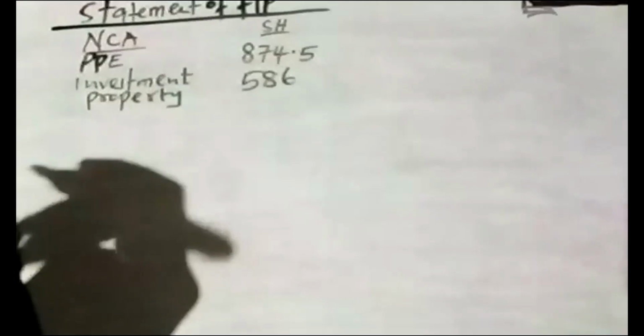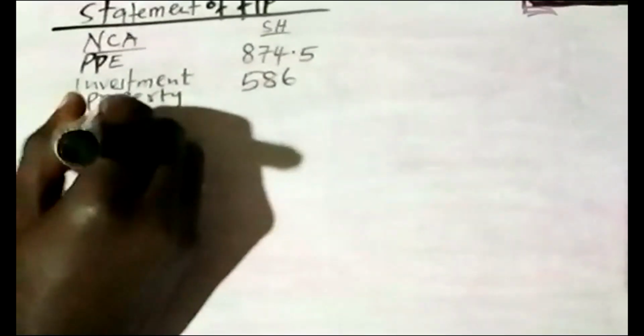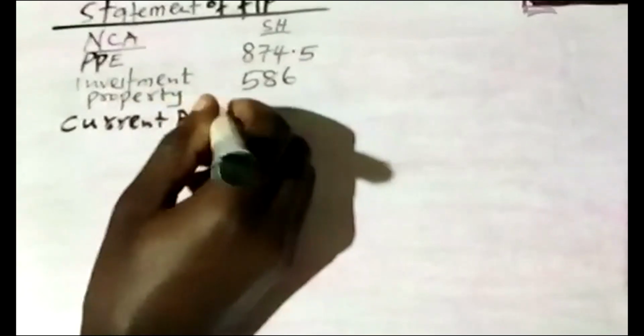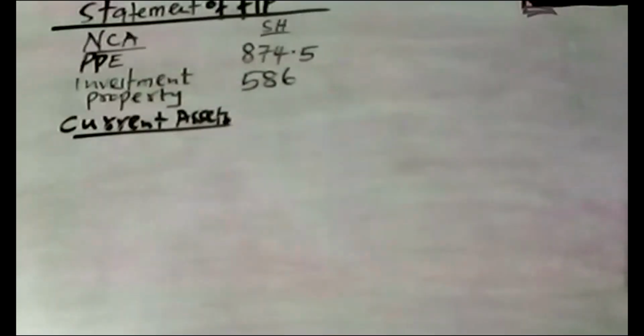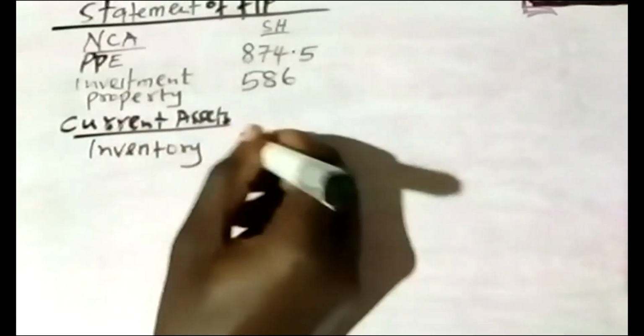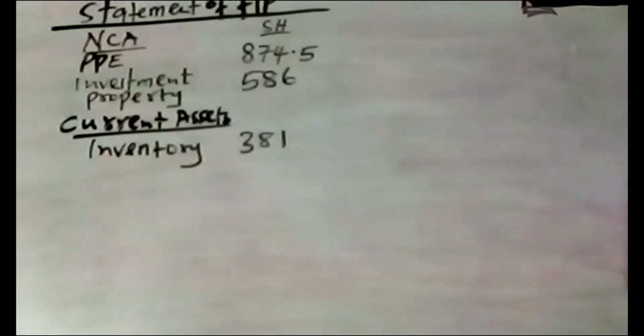Then another thing we talk about is current assets. So current assets, we talk about inventory. For inventory closing, we did working number 1, we got 381. I think you have that working.